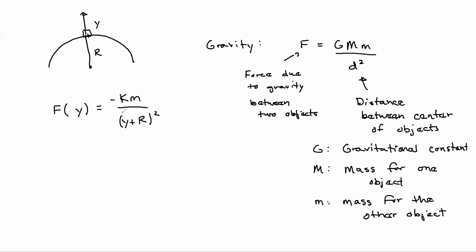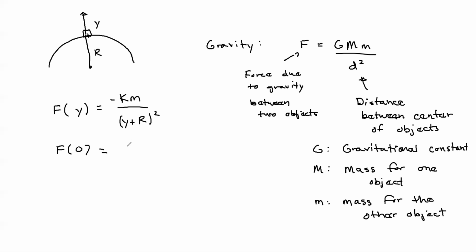And so this function, if we plug in y values, will produce the force between our object that we're launching and the Earth. If we plug in 0, what is f of 0? f of 0 would be the force at the surface of the Earth.